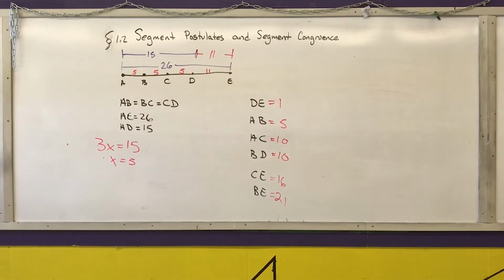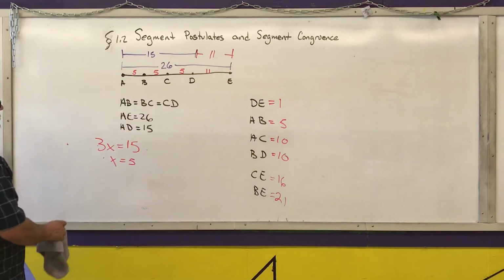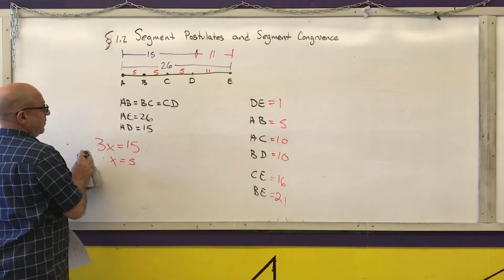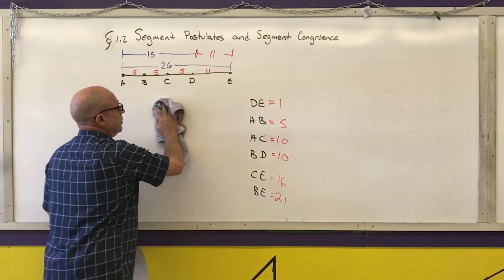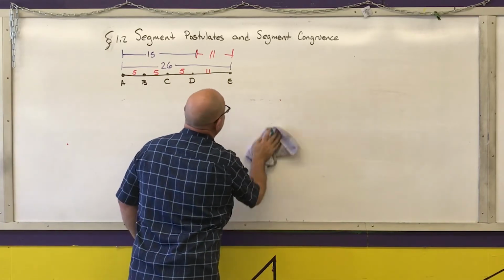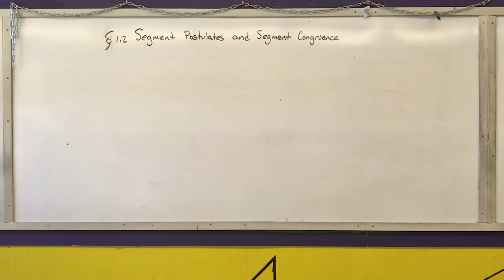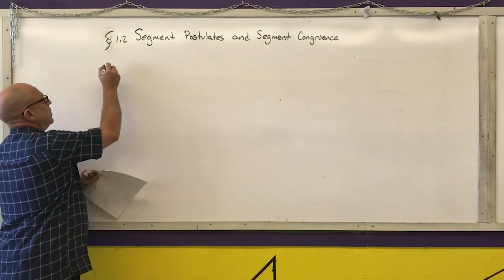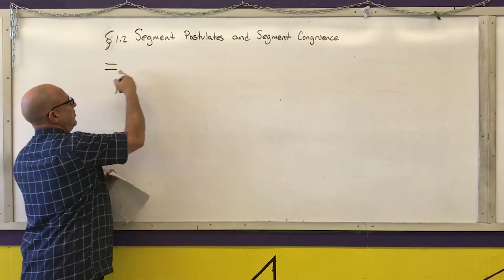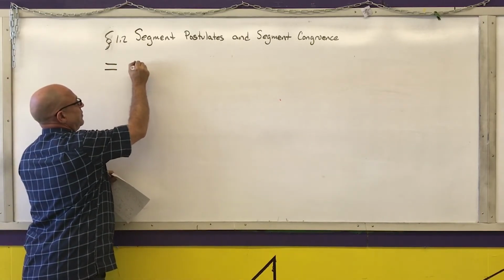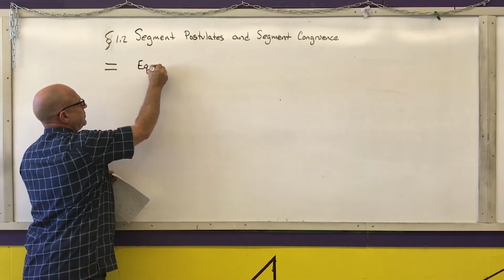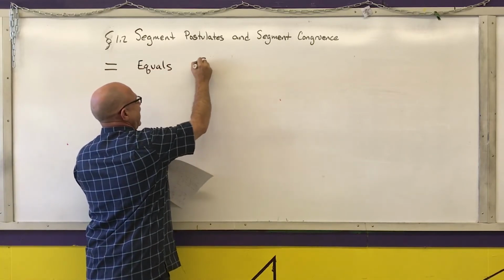Okay. Next thing we need to talk about is congruence, because we wanted to talk about segment congruence. And I'm going to develop what we mean by congruence here. We're going to talk about mathematical symbols here. So that symbol right there, the word for it is equals, and it means same size.